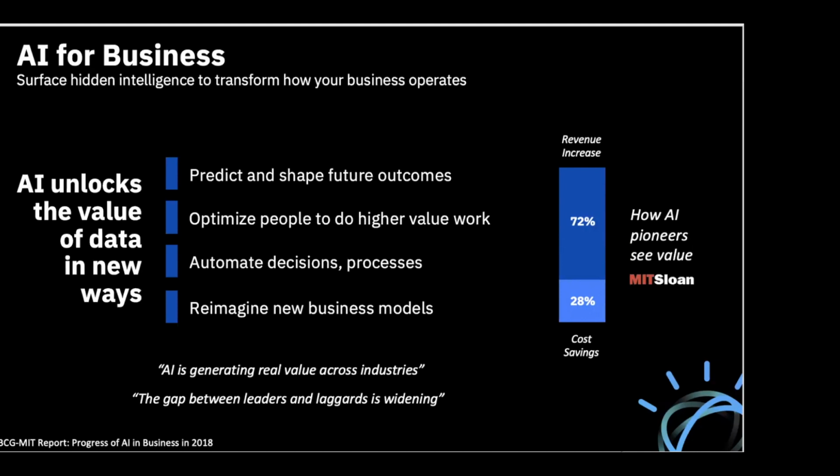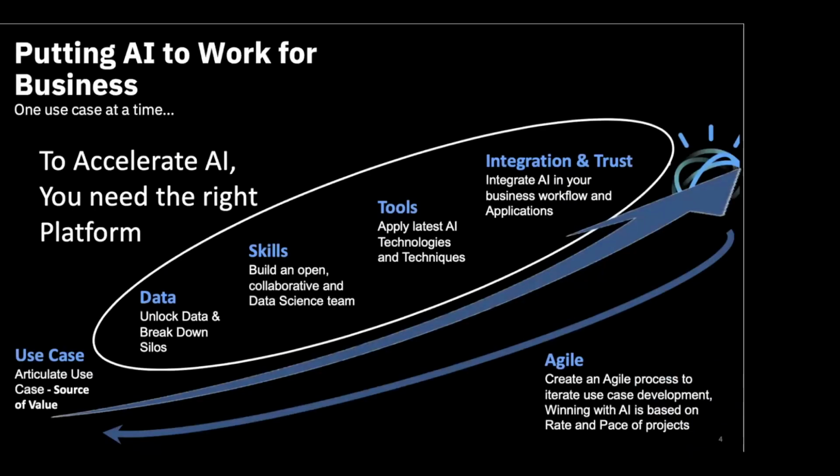On the next slide, I'm going to tell you a little bit about how we can put AI to work for our business. First of all, we need a use case. If the organization has just started out on their journey towards AI, then this use case does not need to be something overly complex and requiring high investment.